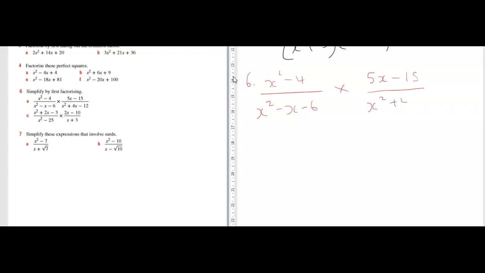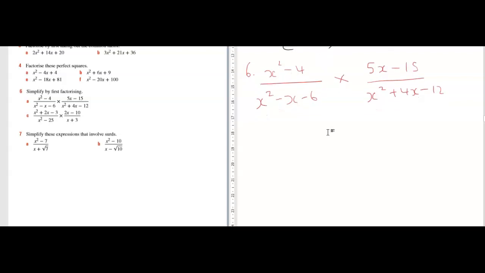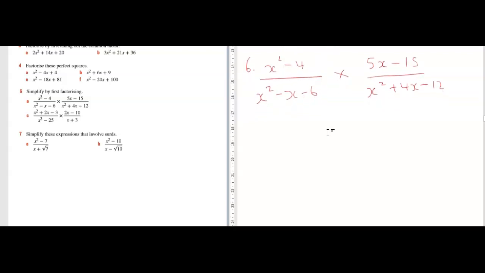First of all, I wrote this question down and I forgot this second fraction. Then I went back and did it, and then I realized my answer was wrong. So I made the decision just to start again. I think it would have been quite frustrating for you to get to the end and then realize I'd made a mistake.